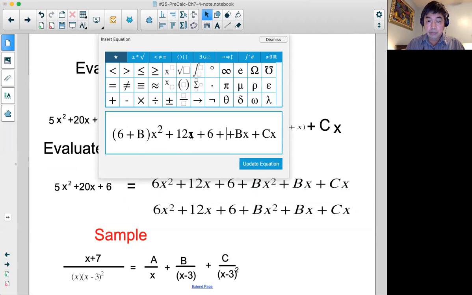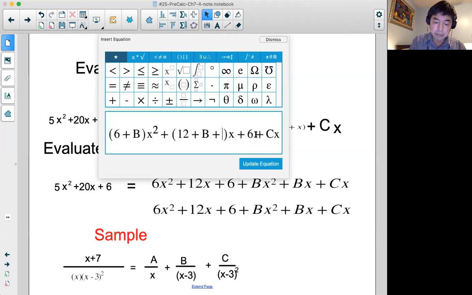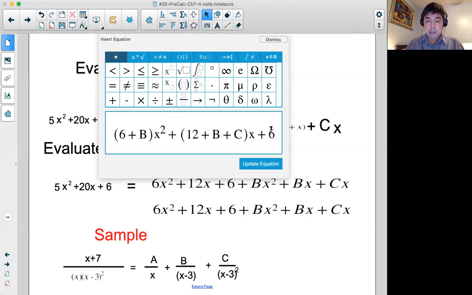Now 12x and bx still live here, so it's 12 plus b, and close the parenthesis here, so you can erase this one. Oh, and plus c. Okay, you can erase the cx. Now this is the constant here.